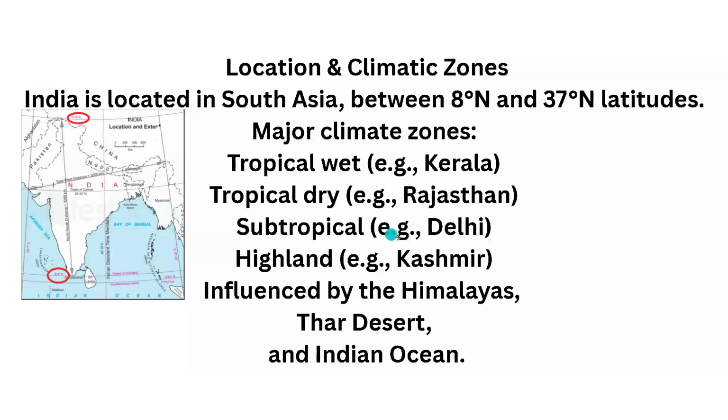Then subtropical, Delhi. Delhi is a special place in India where it experiences extreme climates. The reason is Delhi is landlocked. Winds blowing from the southwest blow towards the northeast and return.